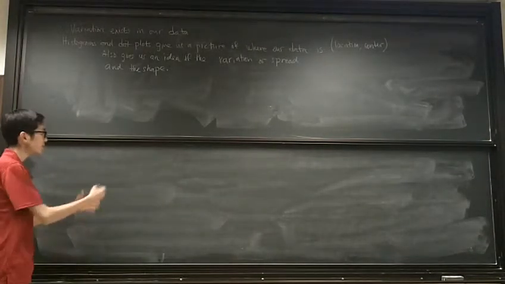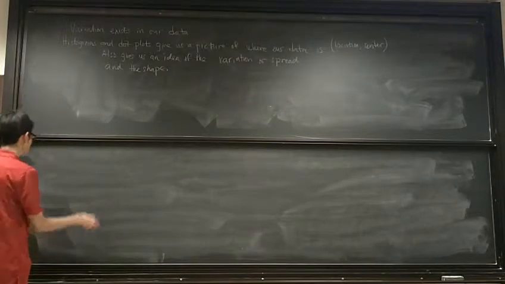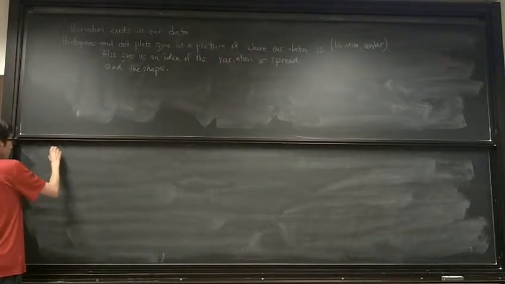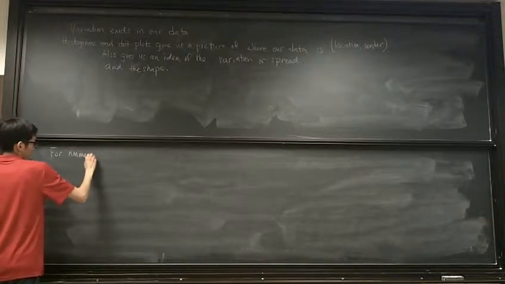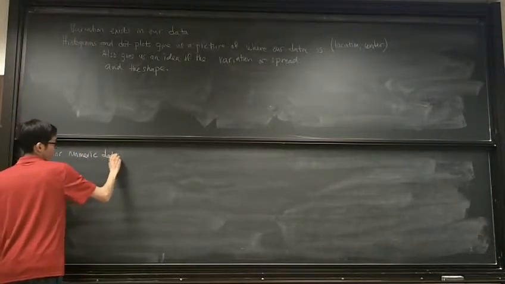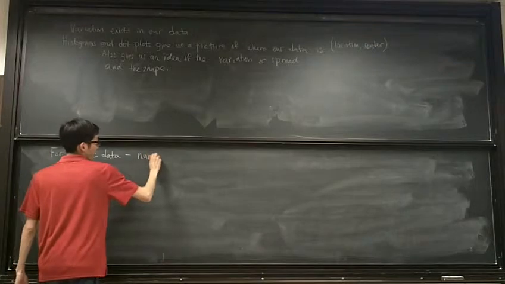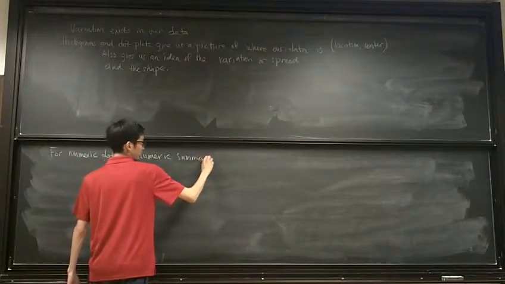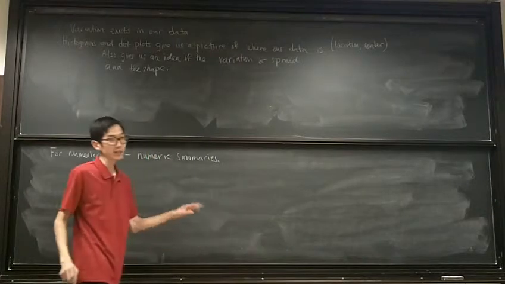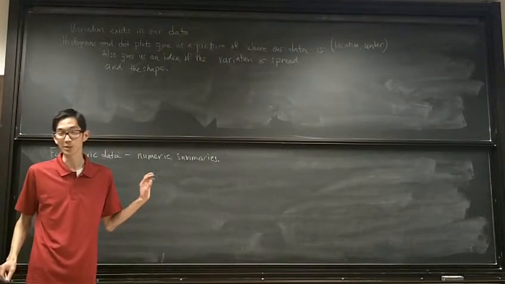So we have numerical summaries too. For numeric data, we have numeric summaries. We actually had numeric summaries for categorical data.